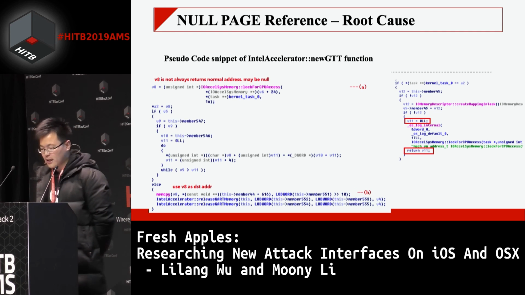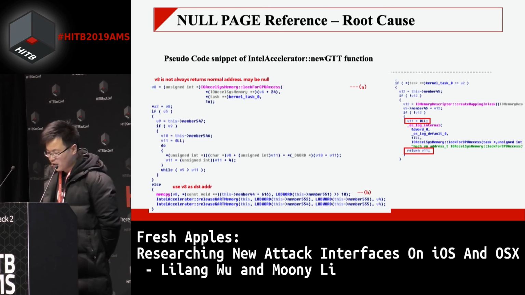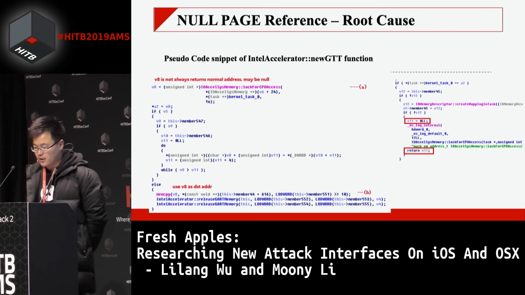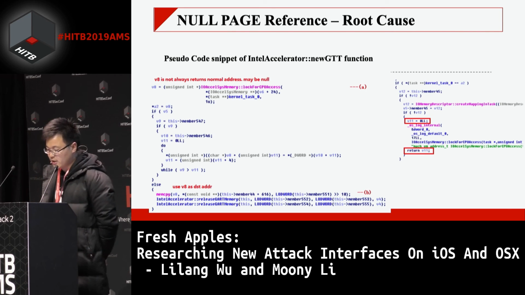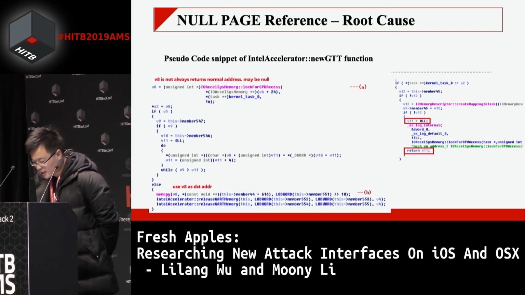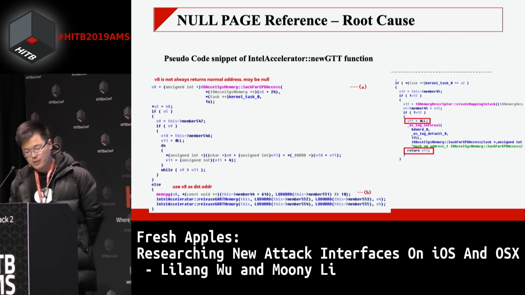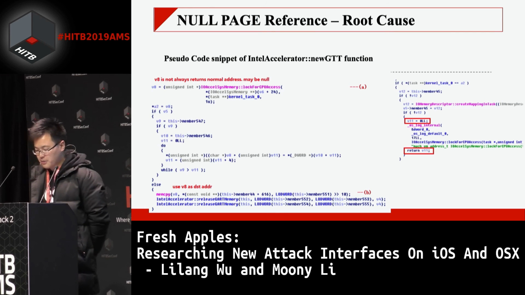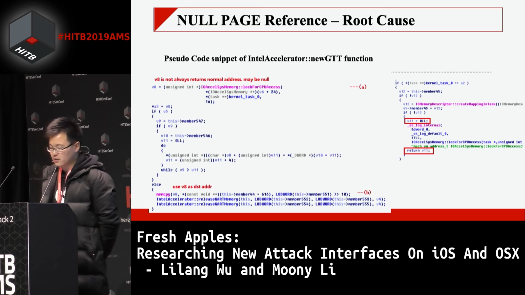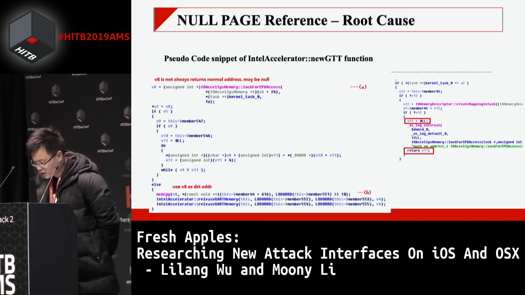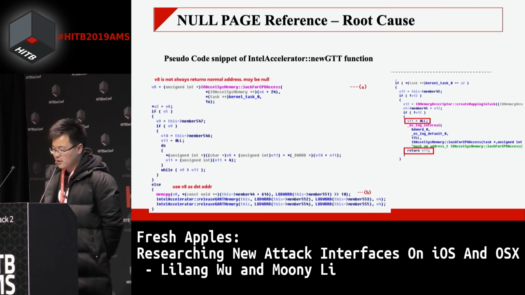We can see that it uses the look for GPU access function to get the accelerator system memory address and sets it to V8 in place A. And in place B, the memory copy function uses V8 as the destination address for the copy.